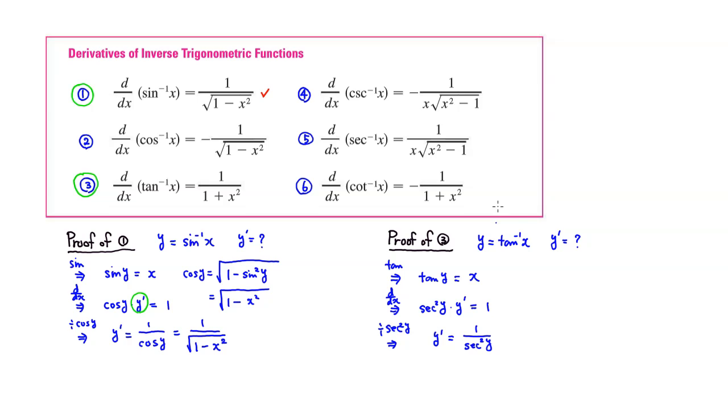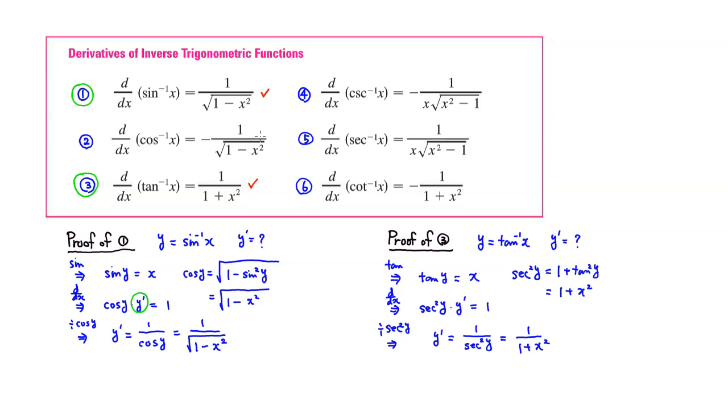Remember that the trig identity is secant squared of y is 1 plus tangent squared of y. And we know that x is the tangent of y. So this is just going to be 1 plus x squared. So this becomes 1 over 1 plus x squared. So that's what we have for number 3.